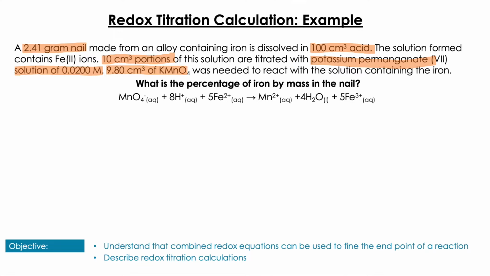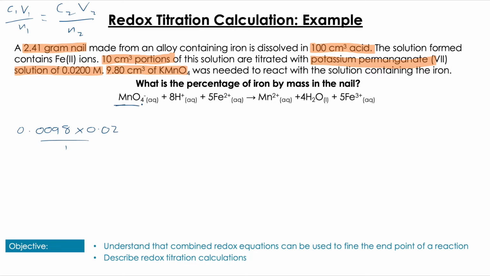So we can see the mass of the nail was dissolved in 100 centimeters cubed of acid, and then 10 centimeters cubed of that solution were titrated with potassium permanganate, which had a concentration of 0.02, and our average titer was 9.8. So what steps do we take to get this done? Well, we're going to be using C1V1 over n1 equals C2V2 over n2, our titration calculation.